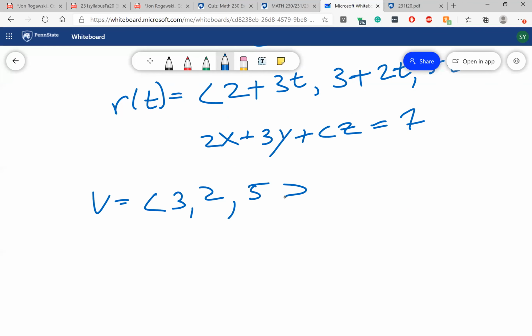So that's v. And the normal vector is going to be equal to 2, 3, and c.